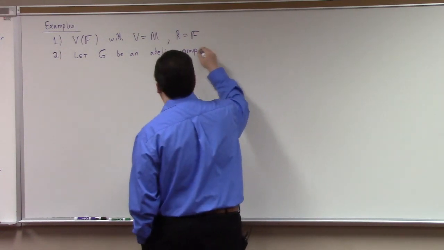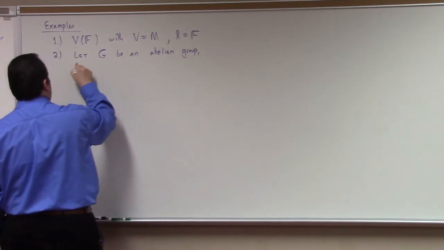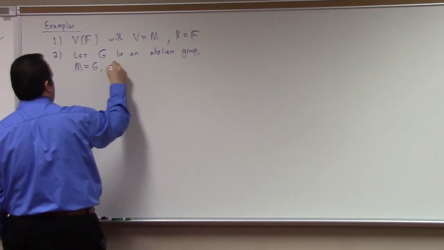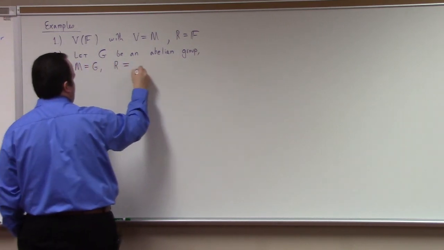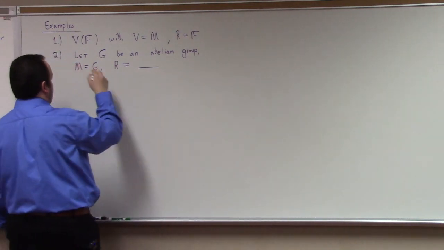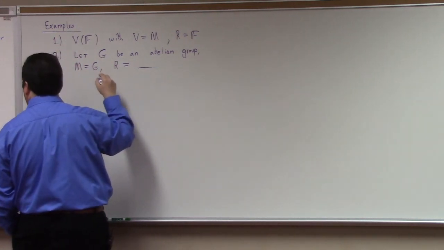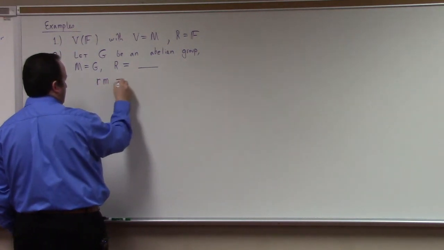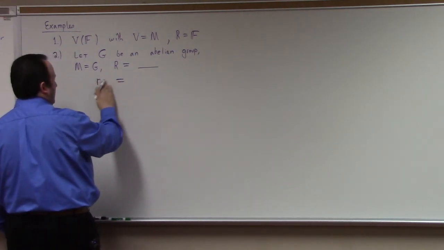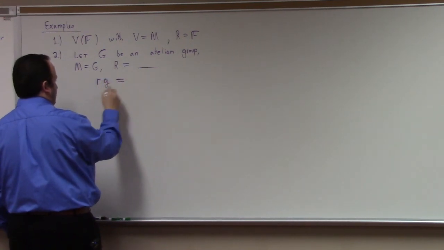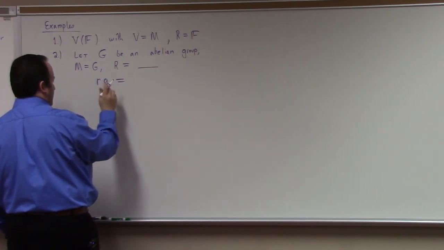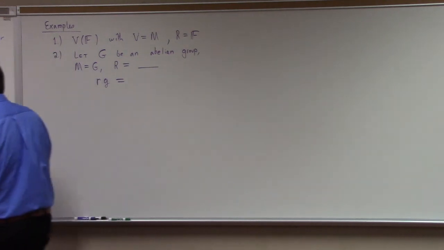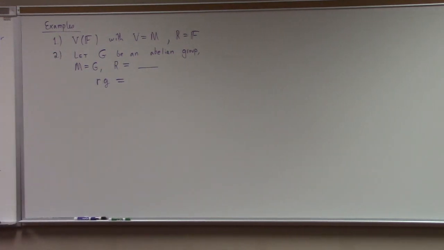The point set is going to be the group itself. The ring, fill in the blank here. All right, so we need something like R times M makes sense, right? I mean, instead of using M, let me say RG. Makes sense.